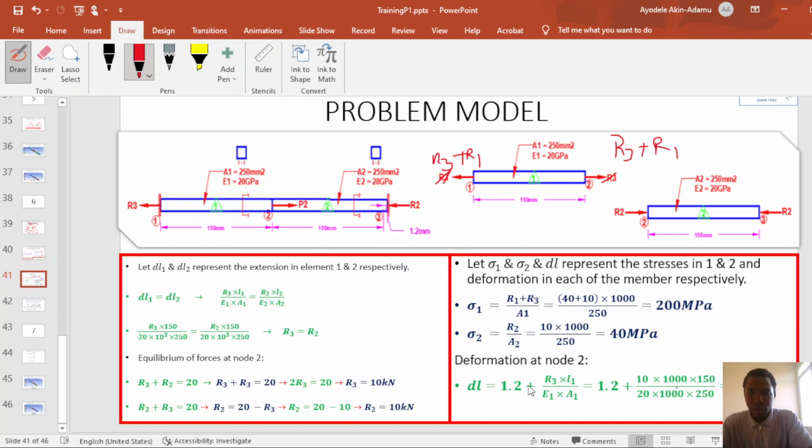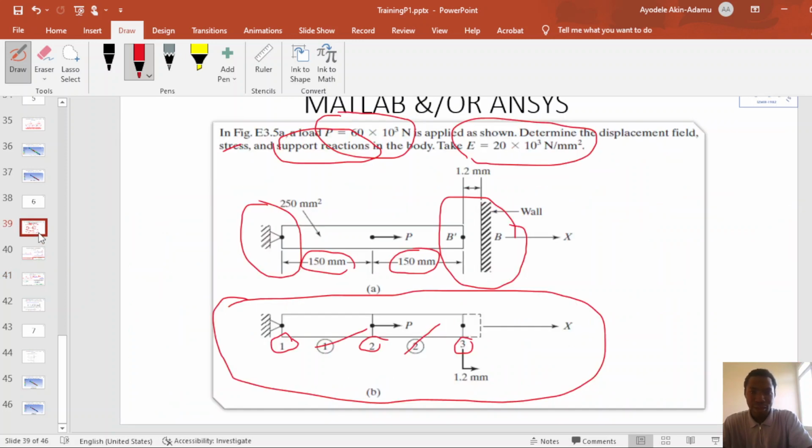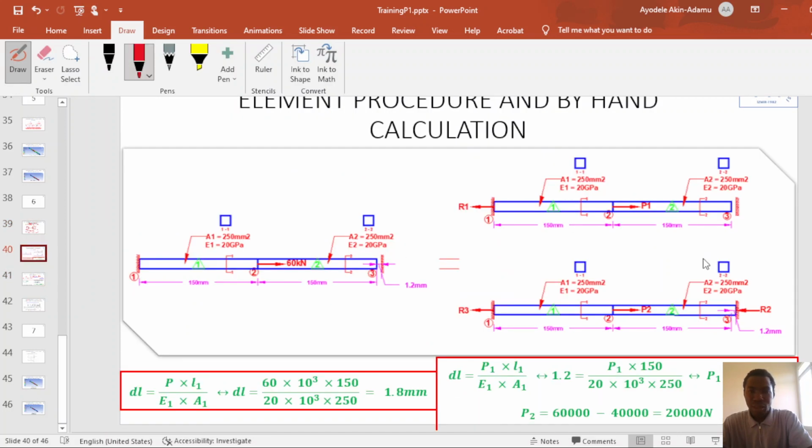And the deformation at node 2, let me go back to my second slide, is equal to the deformation due to P1 load and the deformation due to P2 load.